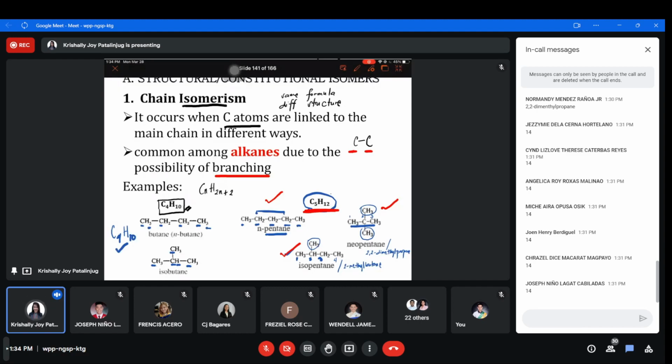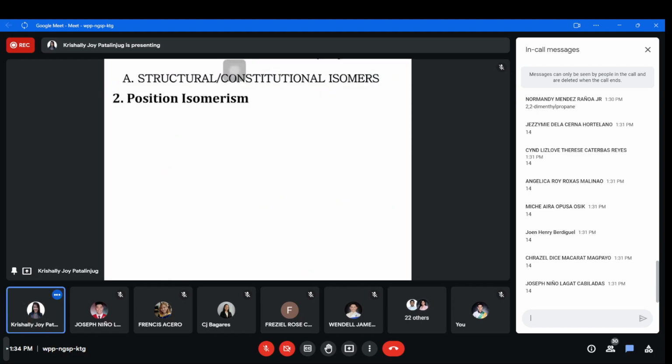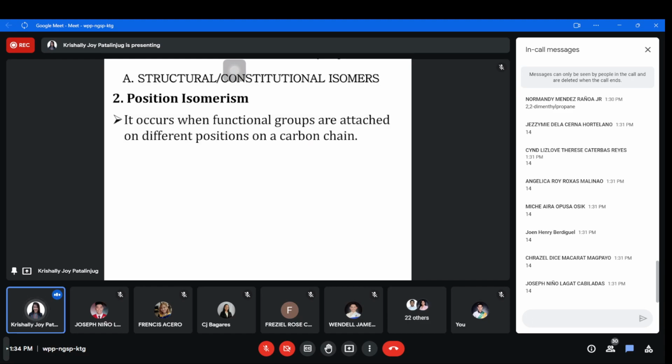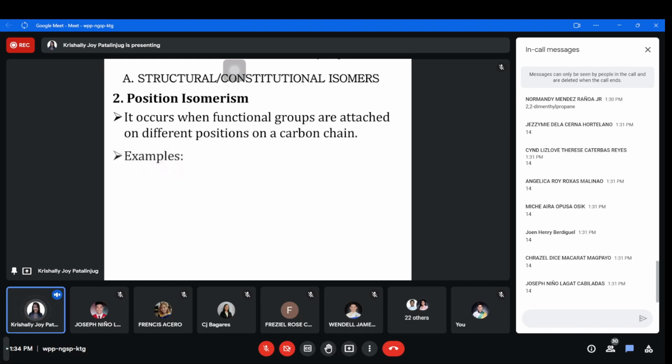Okay, alkanes. Sige. Next. Okay, we also have positional or position isomerism. Kapag naman position isomerism class, it occurs when functional groups, or pakidagdag na lang sa inyong notes ha, or substituents are attached on different positions on a carbon atom. Okay?